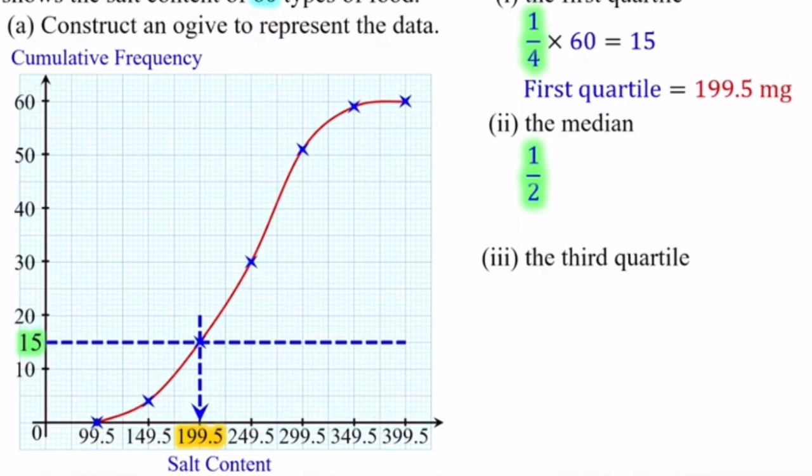Always take half of the sample when we want to read the median. When we want to read the first quartile, it is 1/4 of the sample. Sample means the total frequency, which is actually the last reading of the cumulative frequency. So 1/2, half of the total frequency, we will get 30.